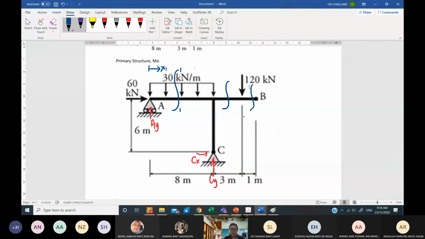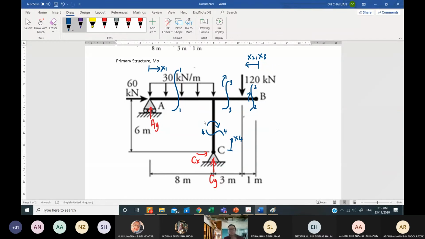I start my X1 here, and this is 2, 3, where I start my X2 and X3, and I start my X4 here. Can we do it the same way, so we have the same compatibility equations later? The sign is also the same.